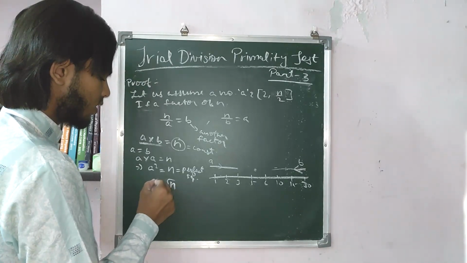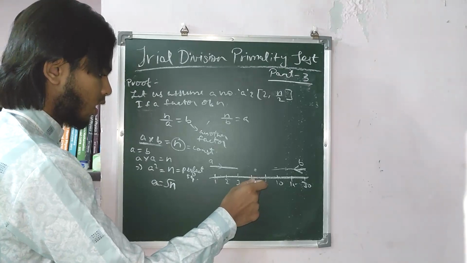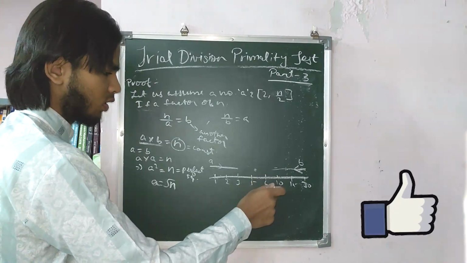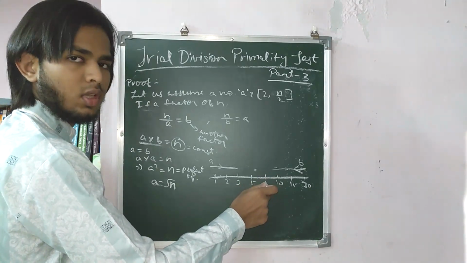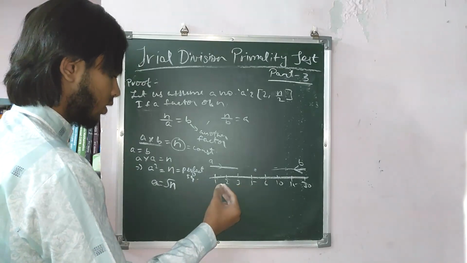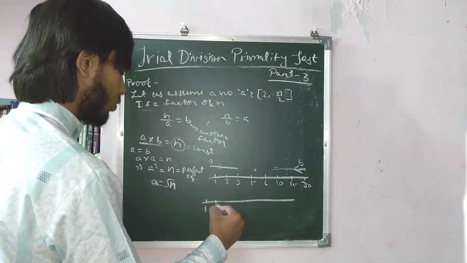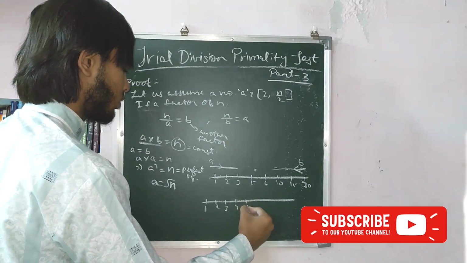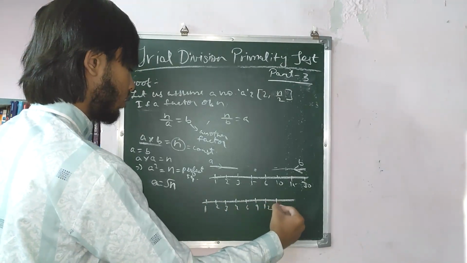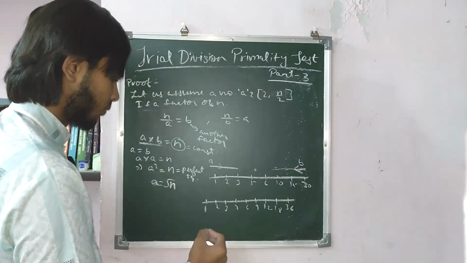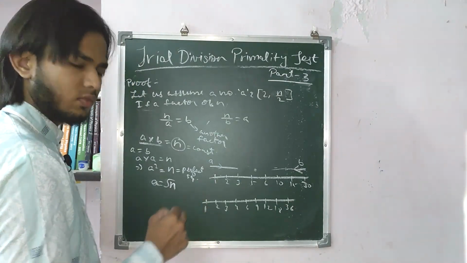And A is that middle number, and we are not going further, because of the case of 36. The factors are 1, 2, 3, 4, 6, 9, 12, 18, 36.